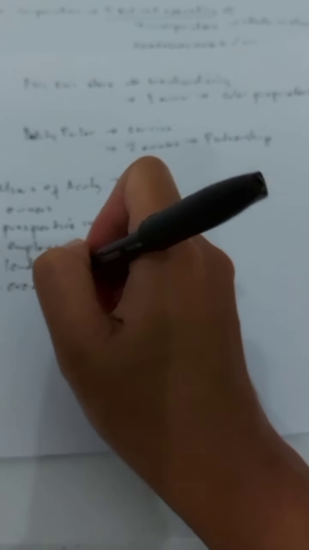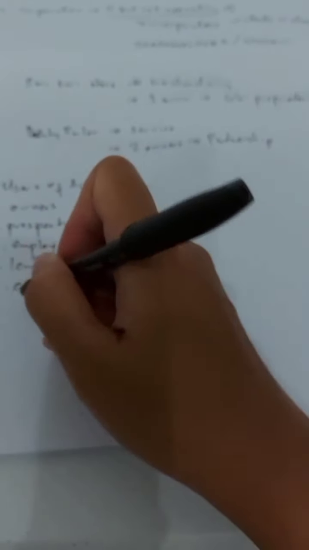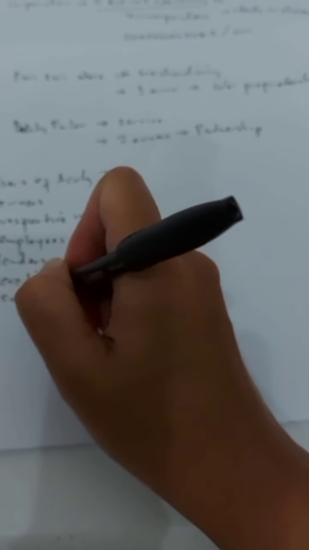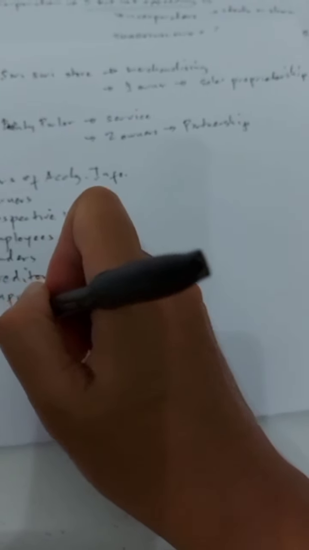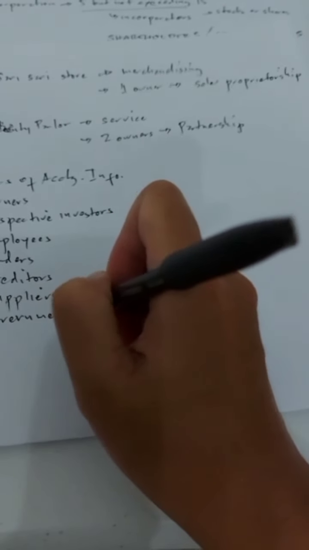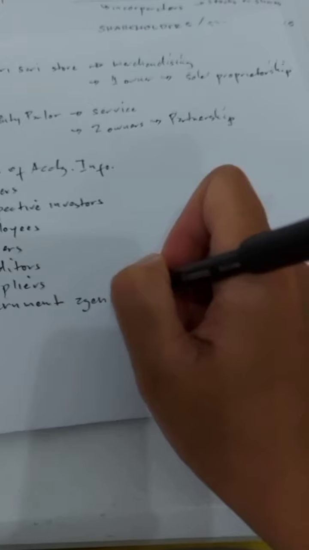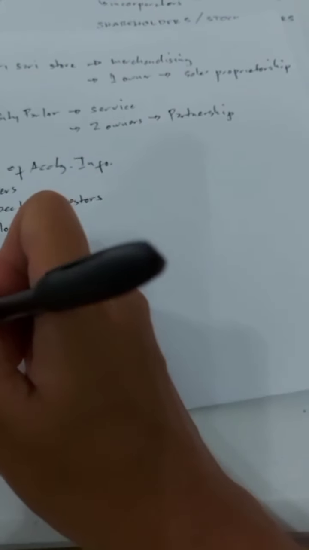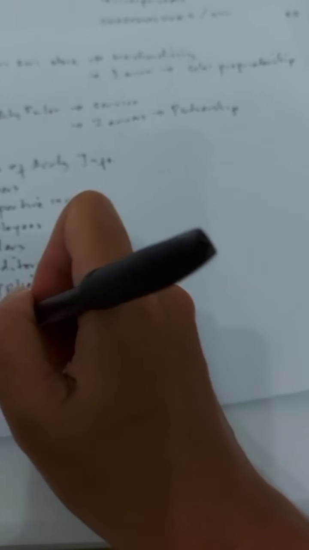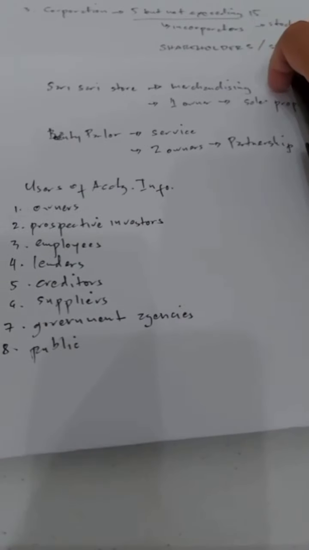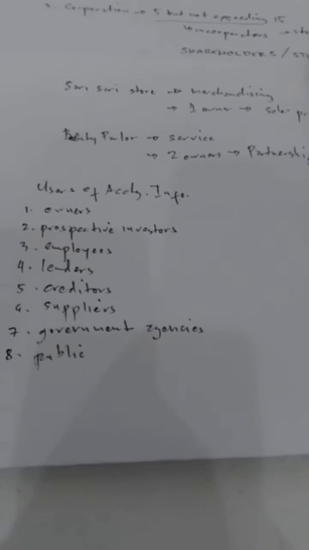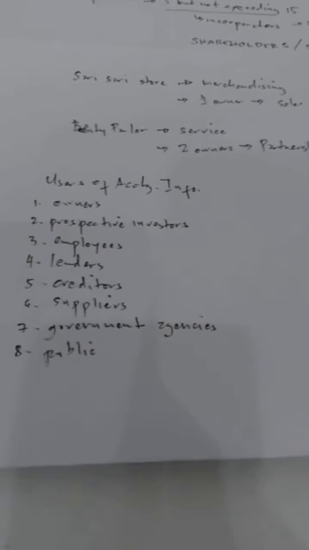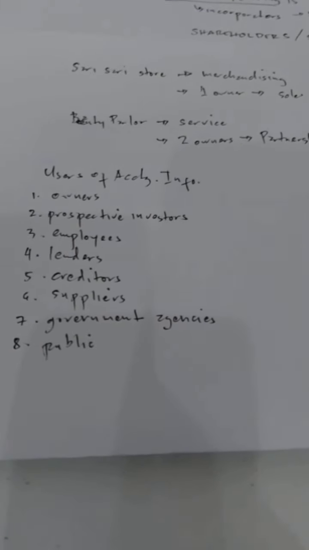Number 4, lenders. 5, creditors. 6, suppliers. 7 ay government agencies like BIR, and yung last ay public. Okay. So, yung users of accounting information: owners, prospective investors, employees, lenders, creditors, suppliers, government agencies, and public.